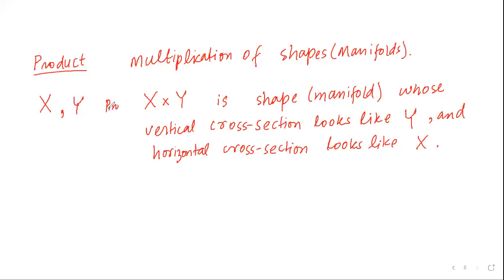So the product of x and y is a shape or a manifold whose vertical cross sections all look like y and all horizontal cross sections all look like x. Do you know about cross sections?